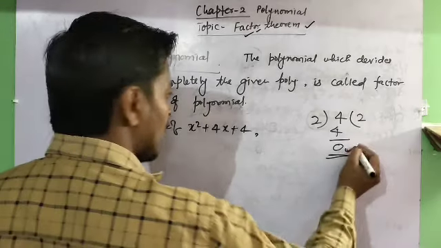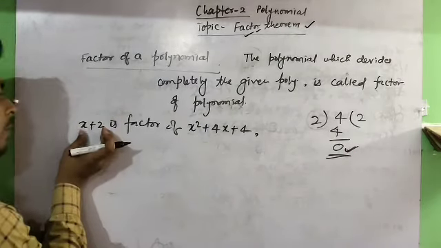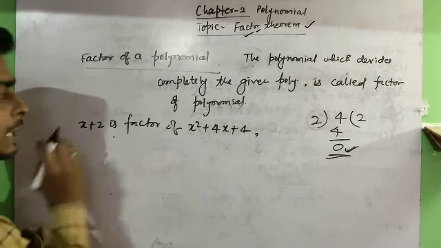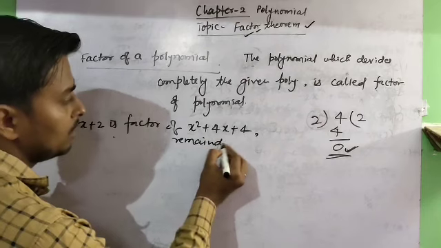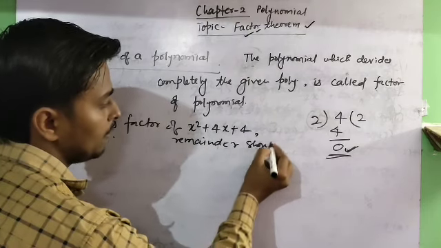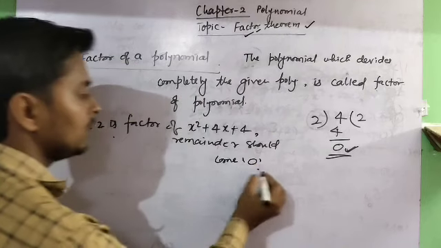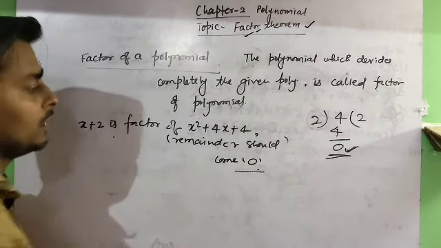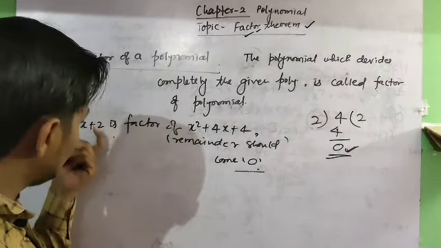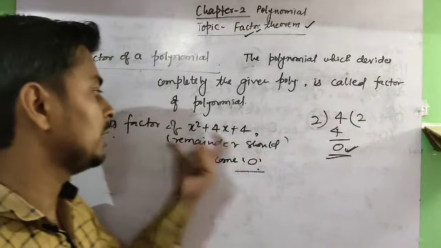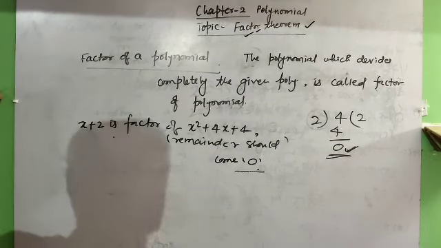The same thing will happen here also: if a polynomial is completely divisible by a polynomial, then the remainder should come 0. So this point should be learned.